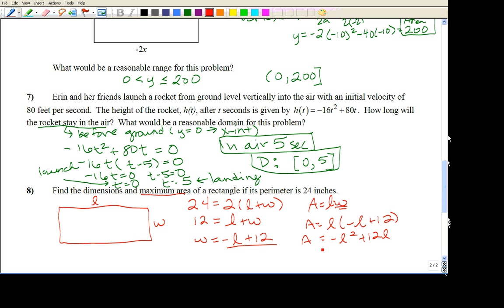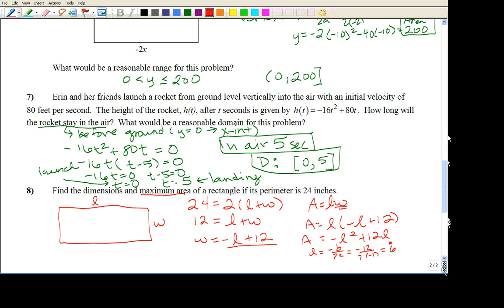So again, we want to look at that vertex. That means look at the vertex of this quadratic right here. So to find the vertex, the maximum area will be the y value, and the x value here for this quadratic will represent the length. So L will equal negative b over 2a. So I'll have negative 12 over 2 times a, which is negative 1. So negative 12 divided by negative 2 is 6.